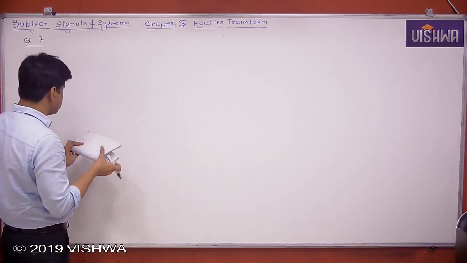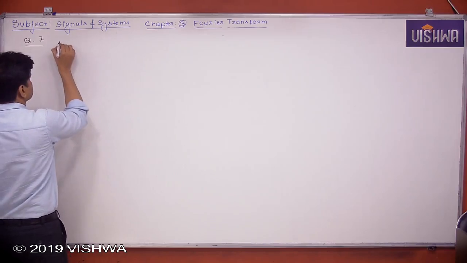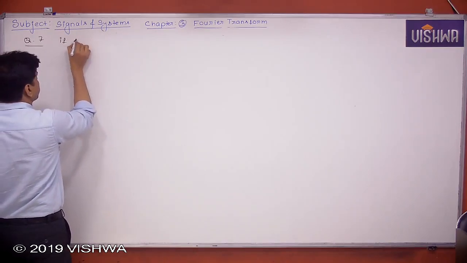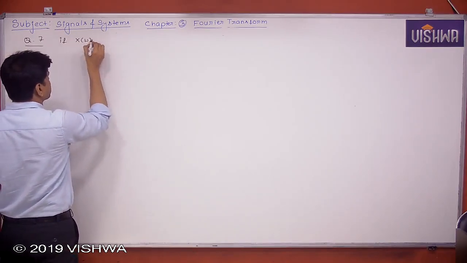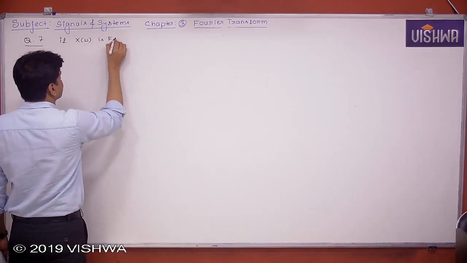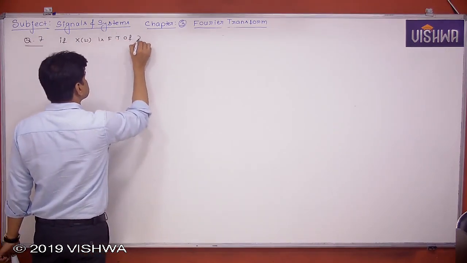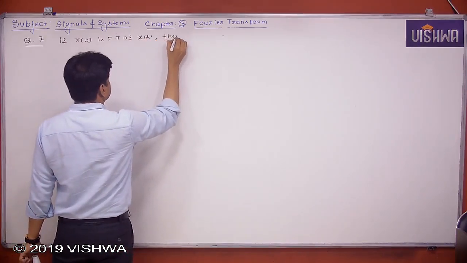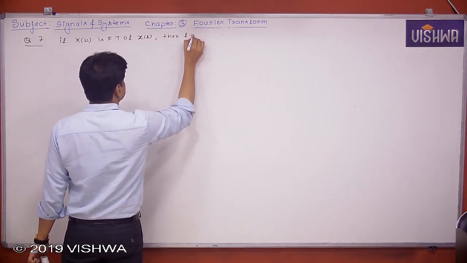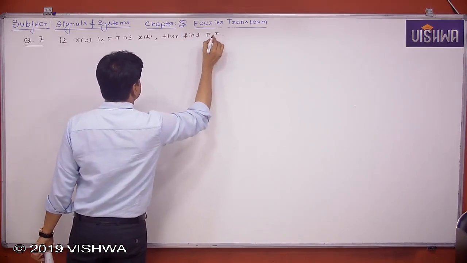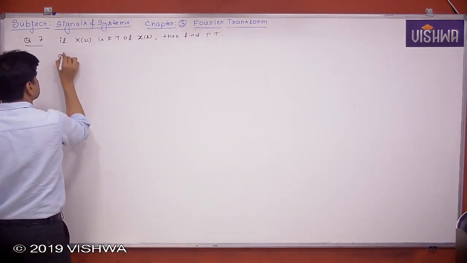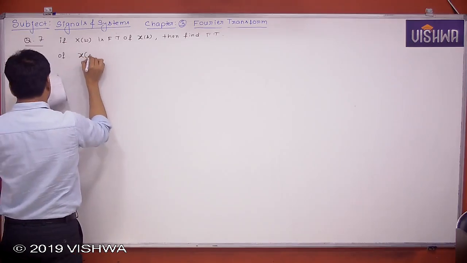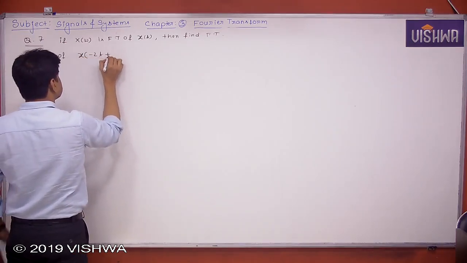If x of omega is the Fourier transform of x of t, then find the Fourier transform of x of minus 2t plus 3.